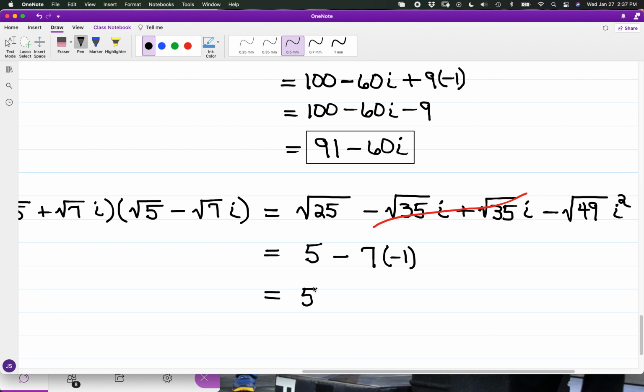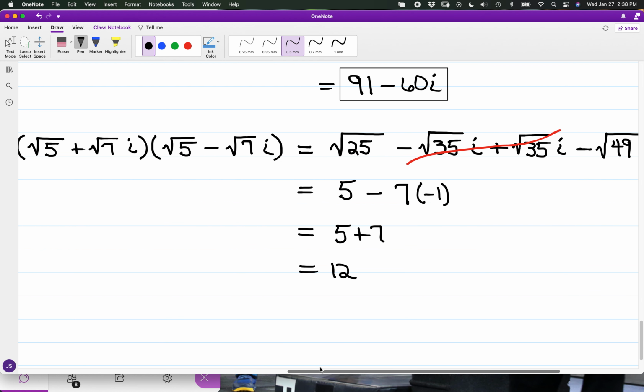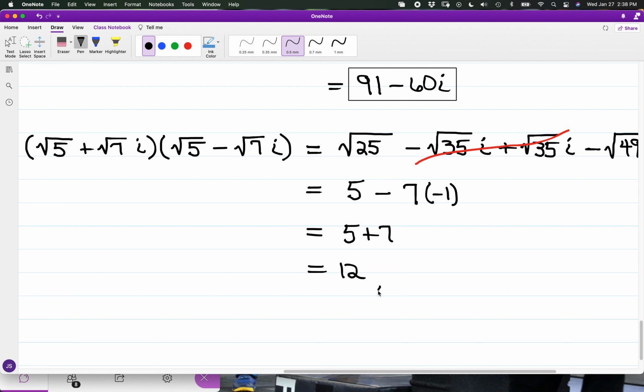So we're going to have 5 minus 7 times i squared, which again goes to -1, and -7 times -1 goes to +7. And 5 plus 7 is equal to 12. And if I had to express this in another way, I think the author probably has the result in this form, where you have the bi term included, which is negligible, or in this case 0i.